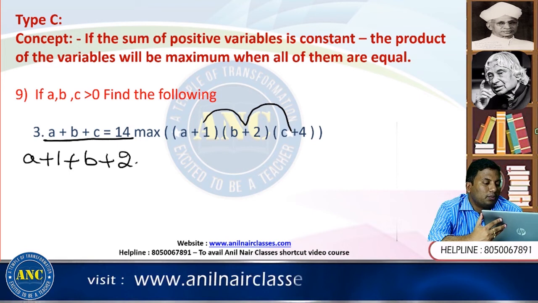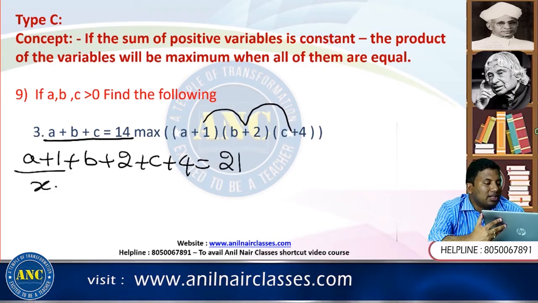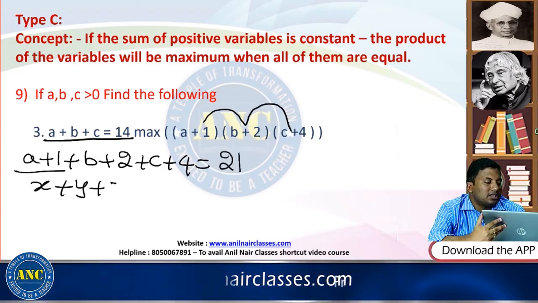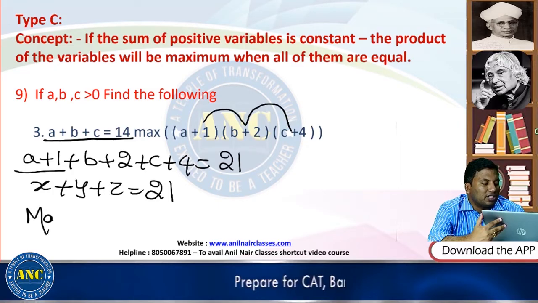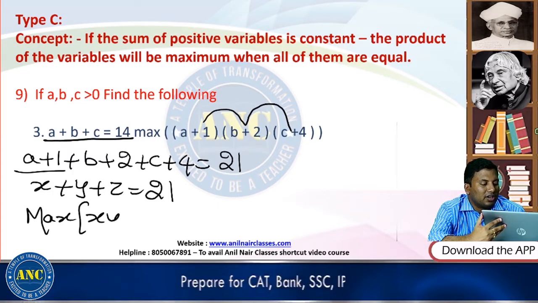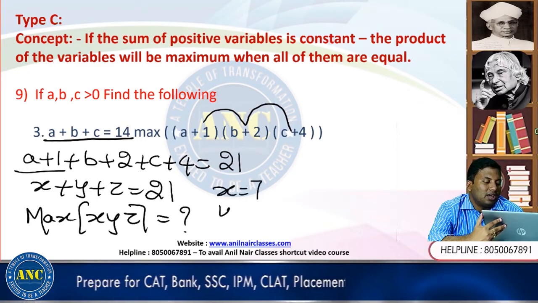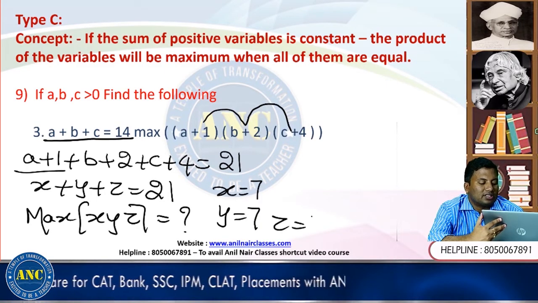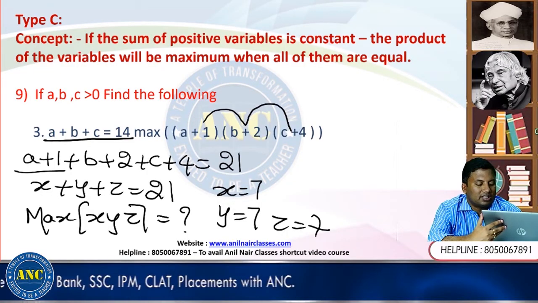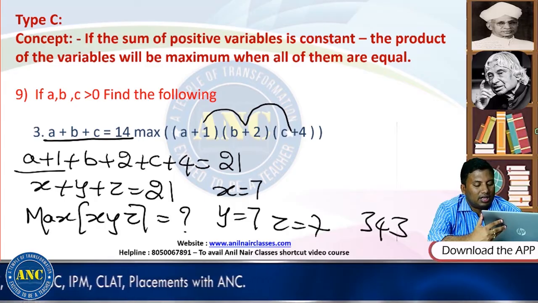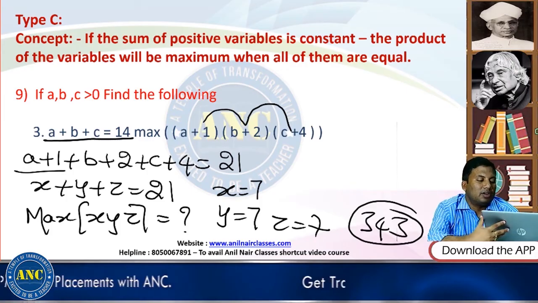A plus 1 plus B plus 2 plus C plus 4: 14 plus 7 is 21. If I call them X, Y, Z, X plus Y plus Z is 21. I want the maximum of XYZ. This will be maximum when the variables are equal. X is 7, Y is 7, Z is 7. 7 7 7, answer is 343.